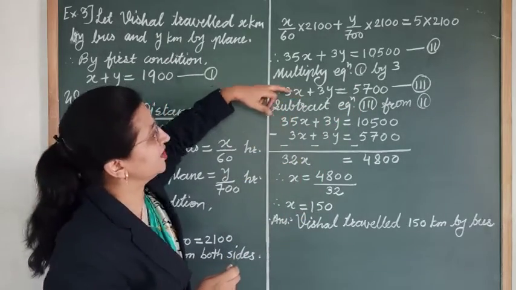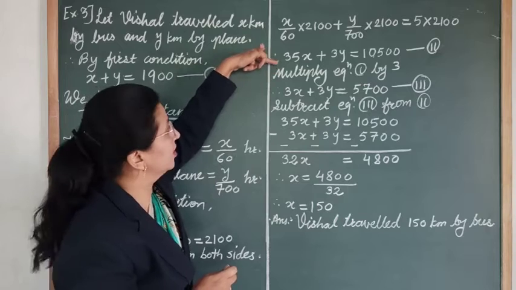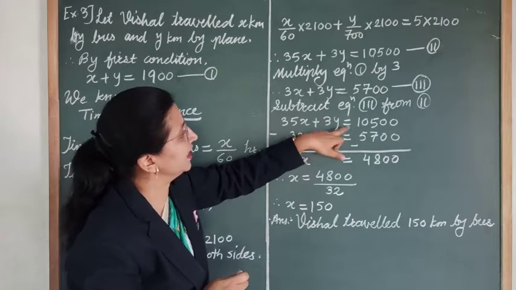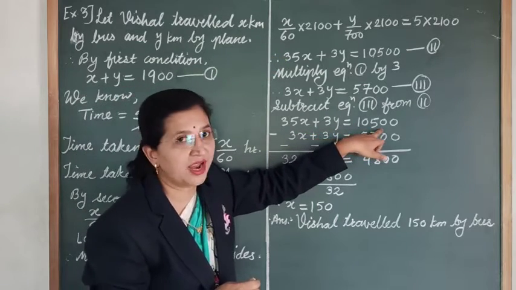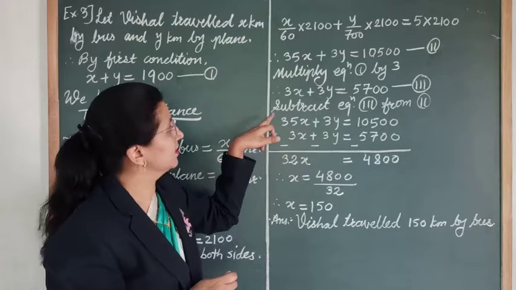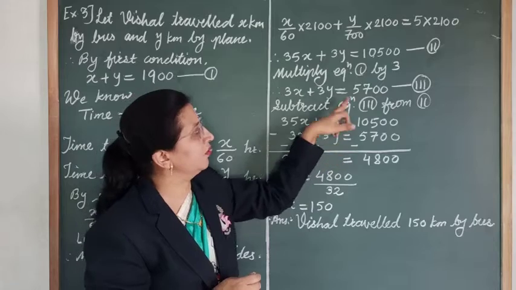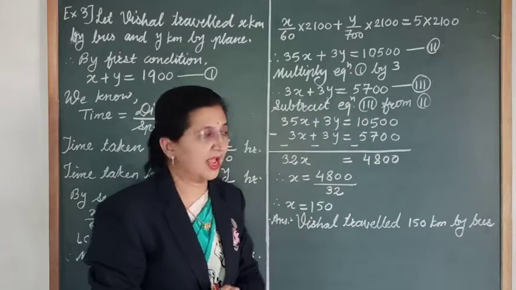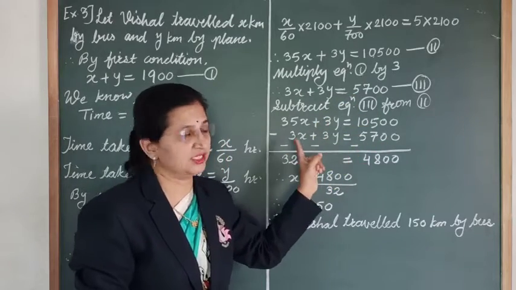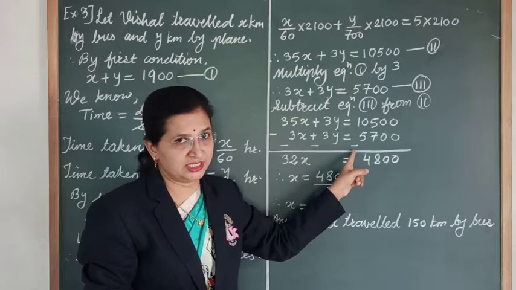Now subtract equation third from the second. So 35x plus 3y is equal to 10,500 minus equation number third, that is 3x plus 3y is equal to 5,700. As we are going to subtract this, we have to change the sign of each and every term.